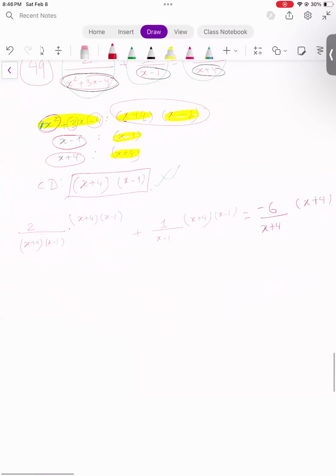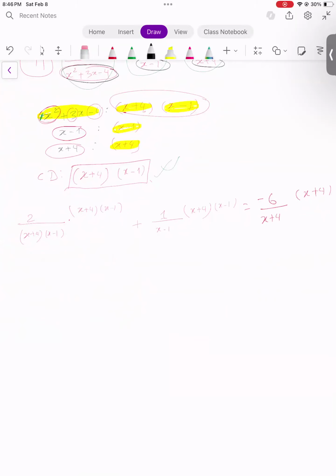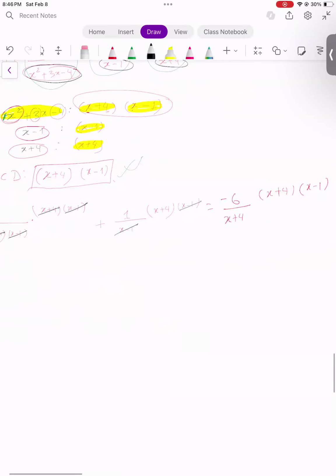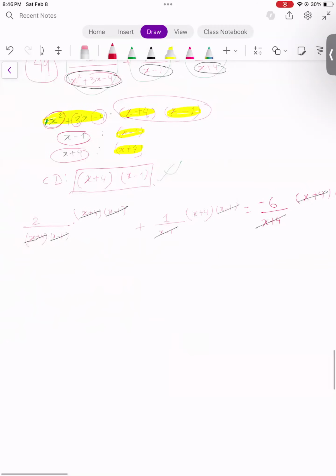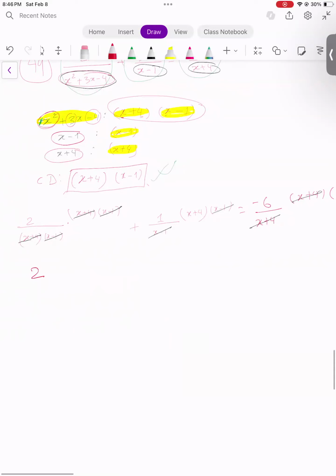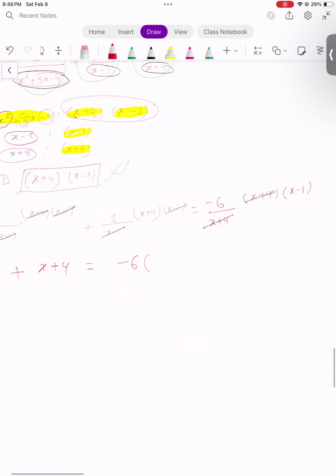Okay, now here, this x plus 4 is common, x minus 1 is common, so they cancel. x minus 1 common, cancel, x plus 4 common, cancel. So the remaining we have 2, nothing left, plus 1 times x plus 4 equals negative 6 times x minus 1.